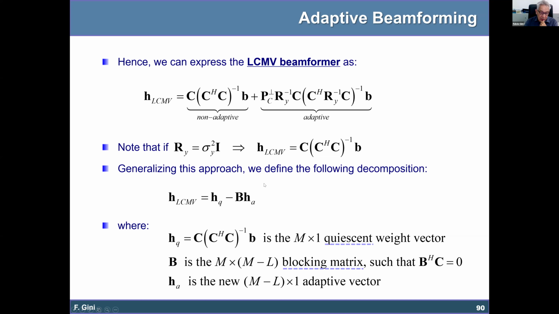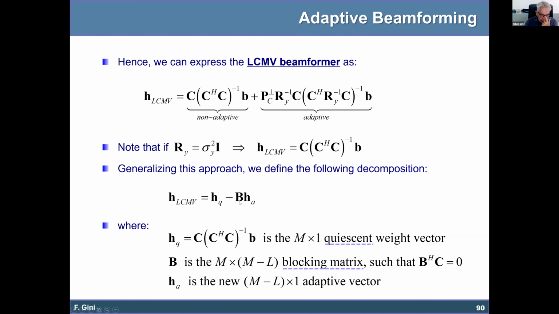Now, the second term, which is given by this expression, let's express in this way: as the product of a matrix B and a vector HA.